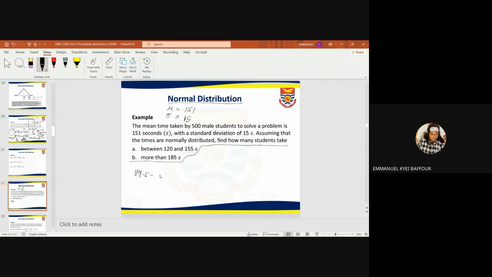119.5 minus the mean, which is 151, divided by the standard deviation, which is 15. And what will we get? Those of you with calculators.